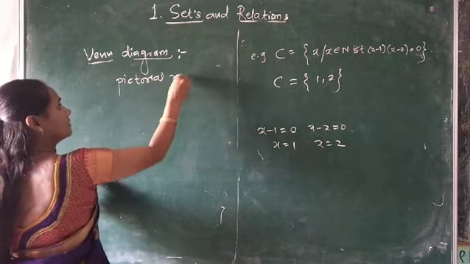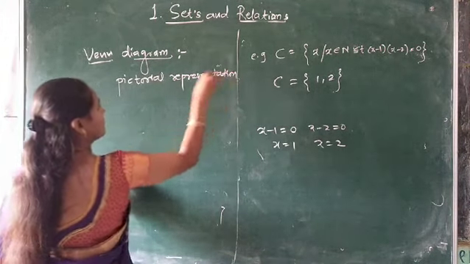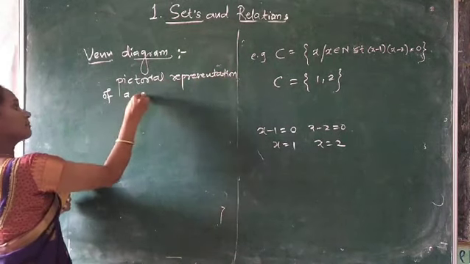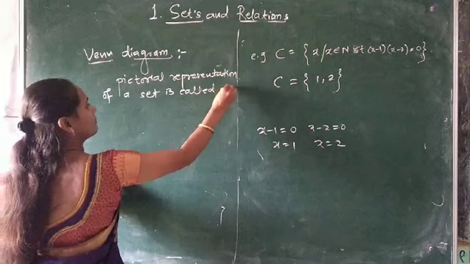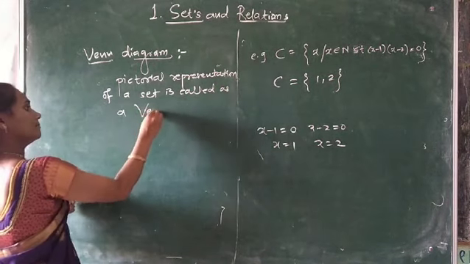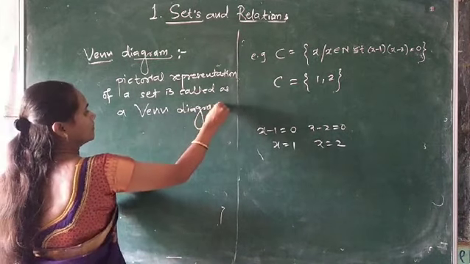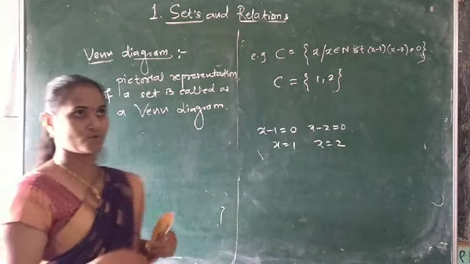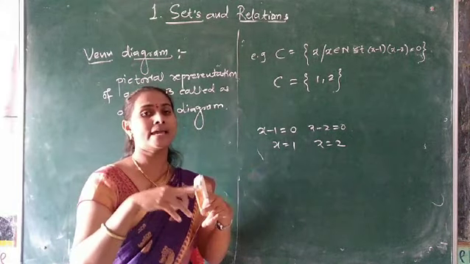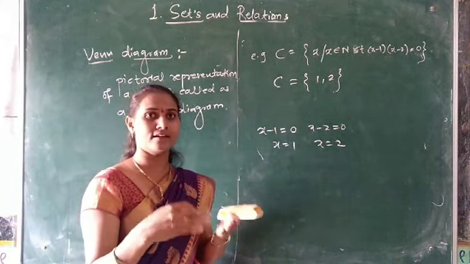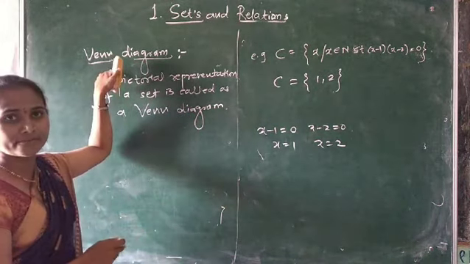It's a pictorial representation of a set. Of a set is called as a Venn diagram. Suppose you have to give any set, then we represent this set in the diagram like triangle, rectangle, circle, etc. So this diagram is called as a Venn diagram.